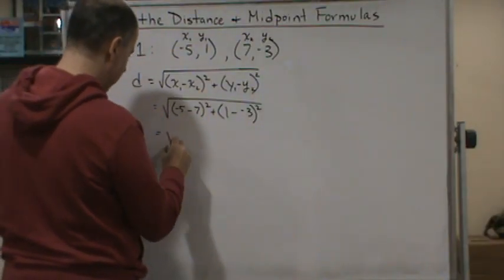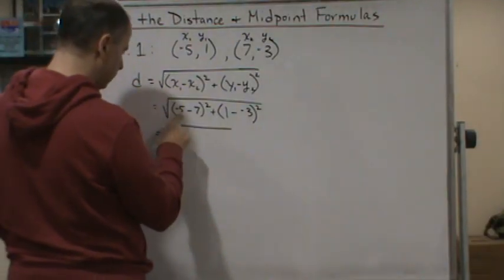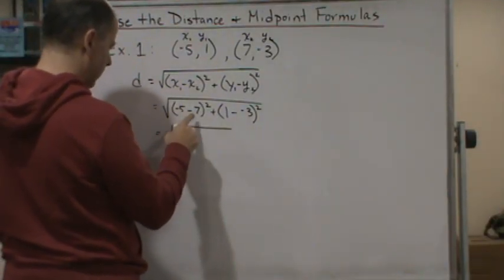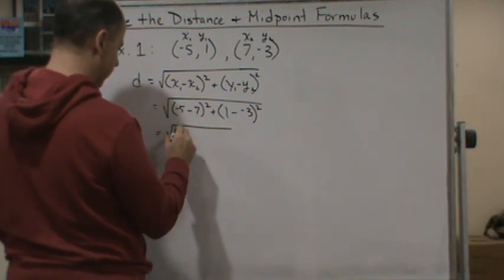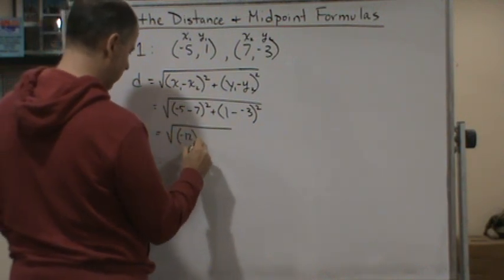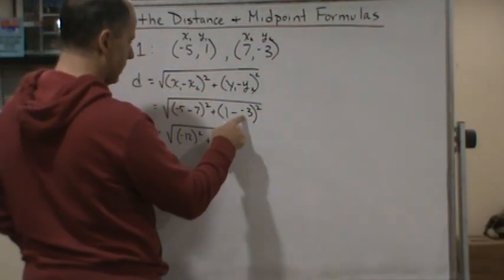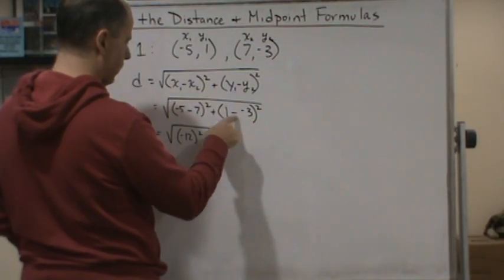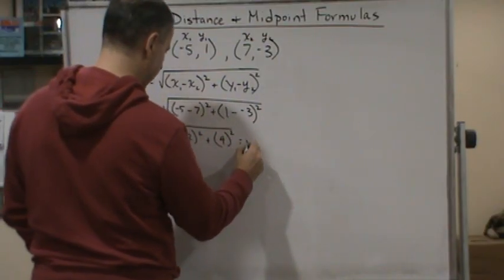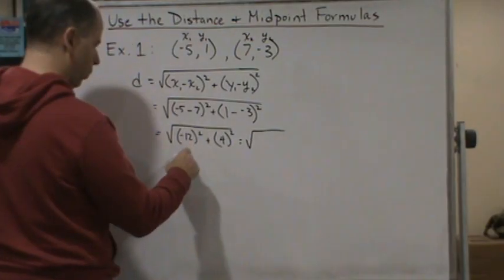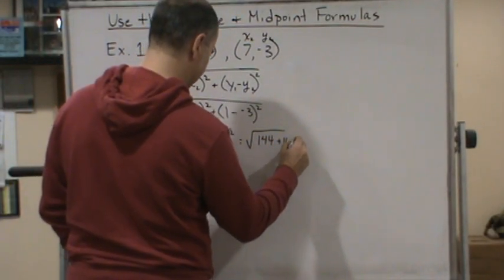Okay, so this is going to give us a negative 5 minus 7, which is -12 squared, plus, and then this is 1 minus a -3, which is +3, so that's going to give us 4 squared. And so that's going to give us 144 plus 16.